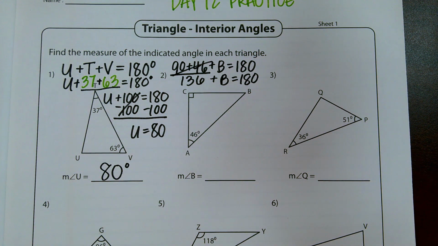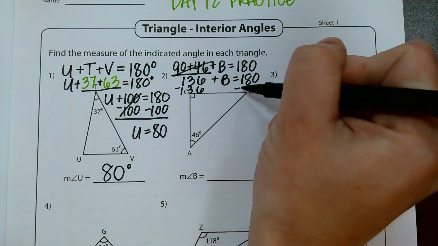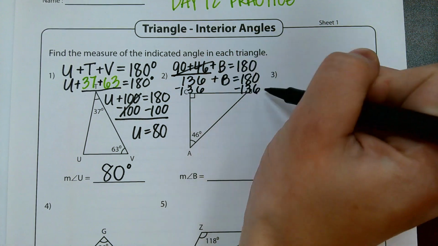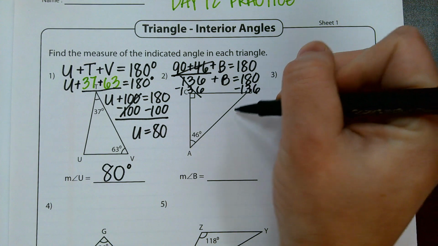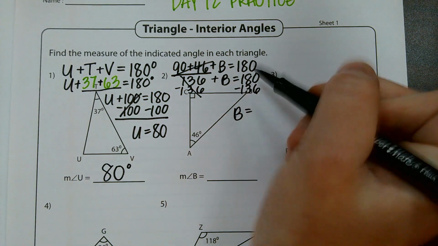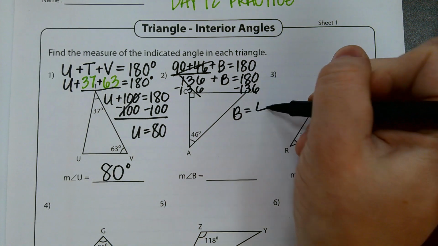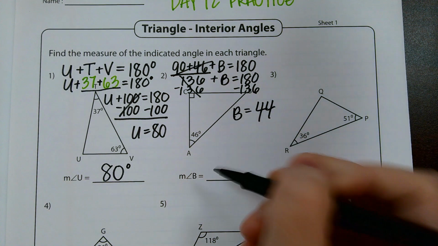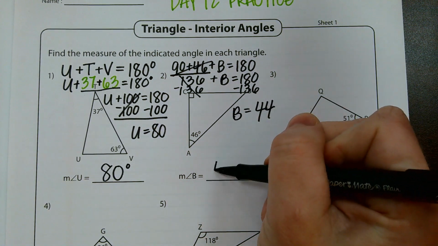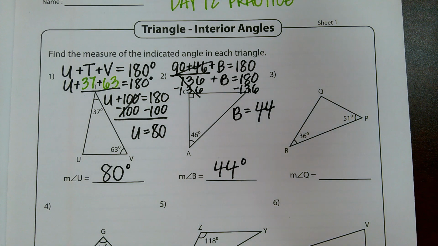And what would my last step here be? Right. Perfect. Subtract 136 from both sides. I'm so out of room. B is equal to, let's see, what's 180 minus 136? 44. Perfect. So the measure of angle B is 44 degrees. Wonderful.